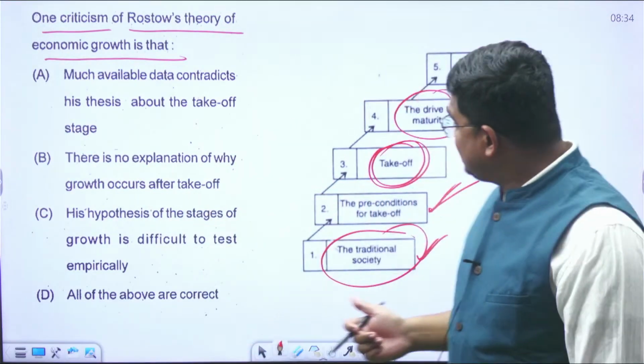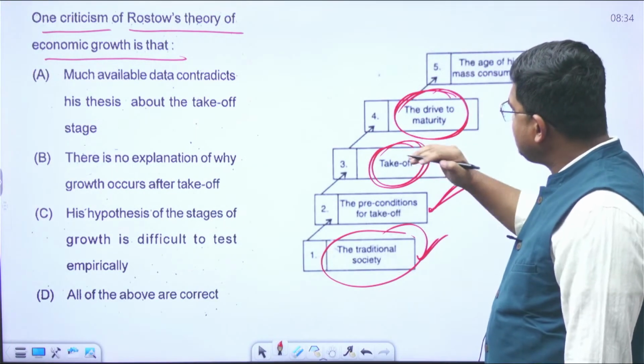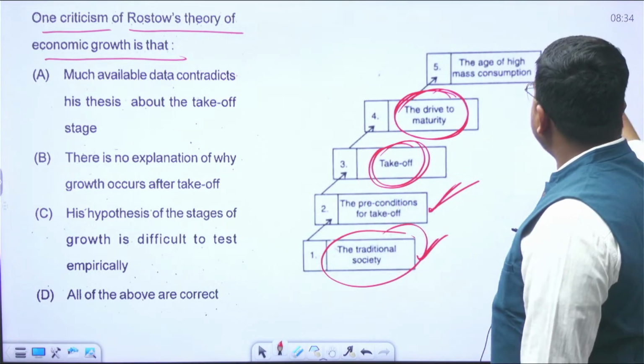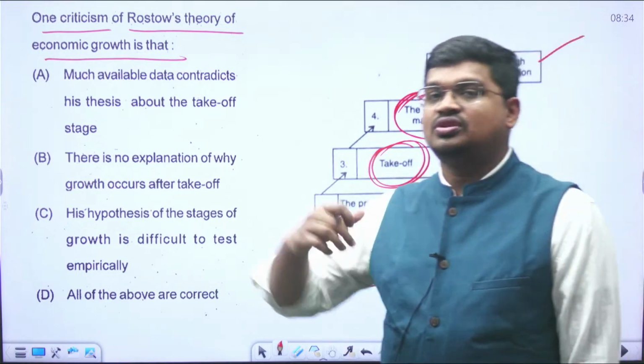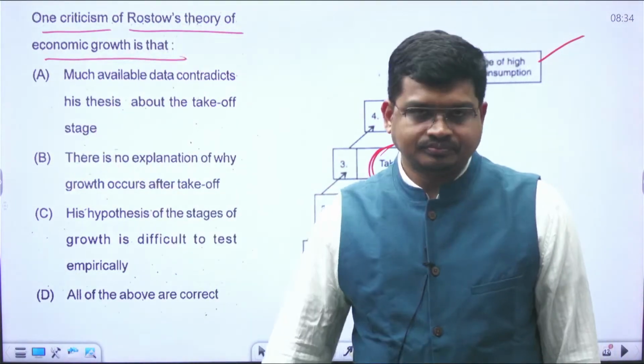Maturity in the sense that you will find the real economic growth from the drive to maturity onwards. And then comes the age of high mass consumption, consumption of durables, the advanced developed society.